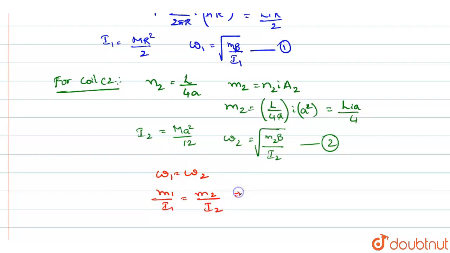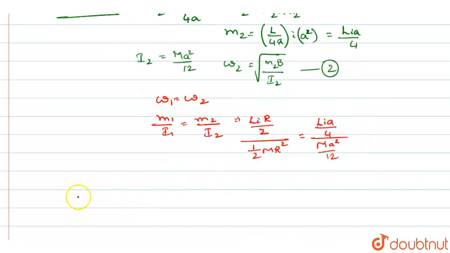So you can write M1 by I1 as L I R divided by 2, whole divided by half m r square, is equal to M2, which is L I A by 4, divided by I2, which is m A square by 12. Now we will simplify this.